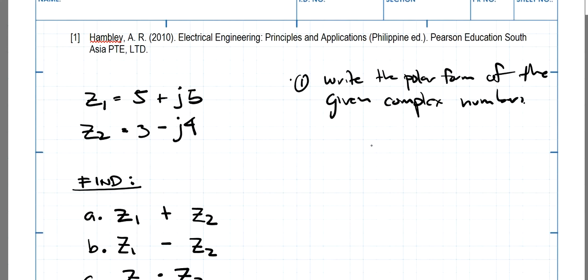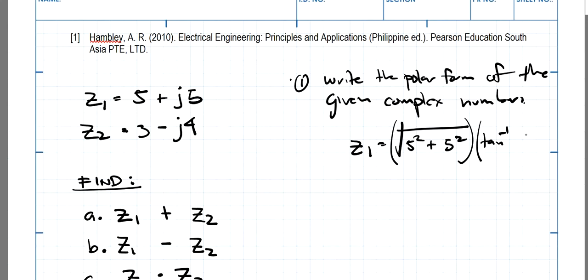Okay, so z1 in terms of polar, what is r? r is simply the square root of x squared plus y squared, so 5 squared plus 5 squared, and the angle is the inverse tangent of y over x, so 5 over 5.